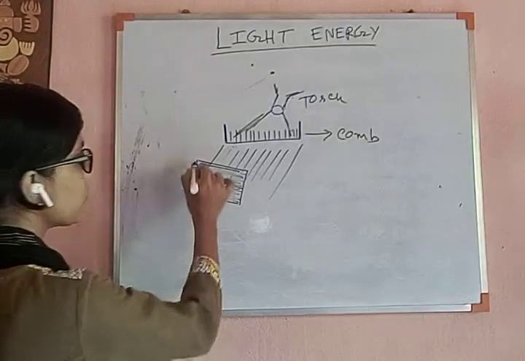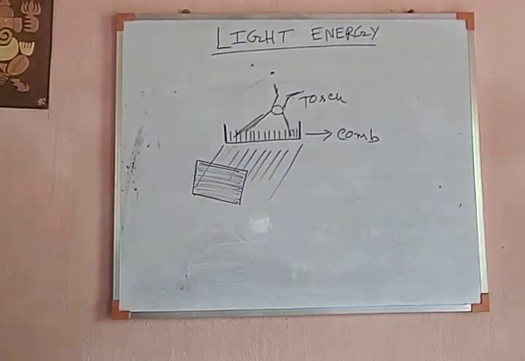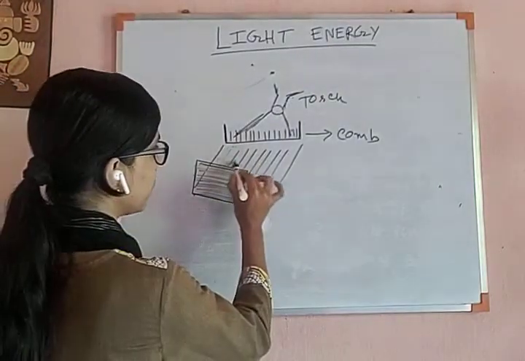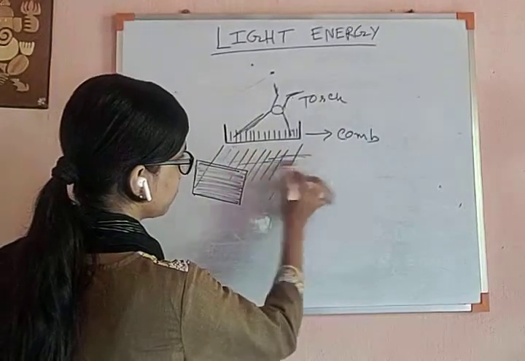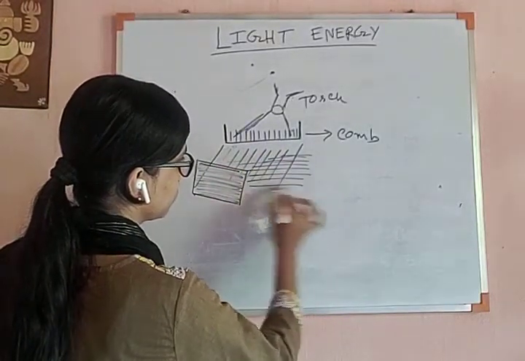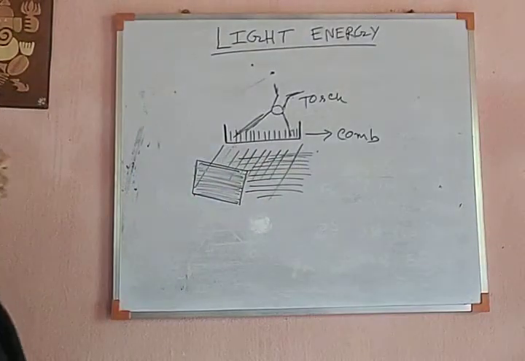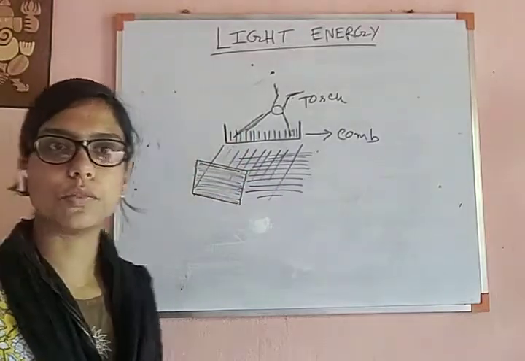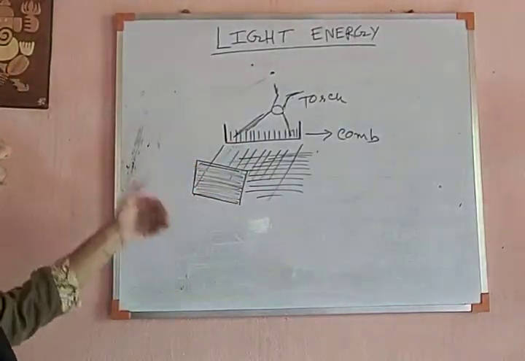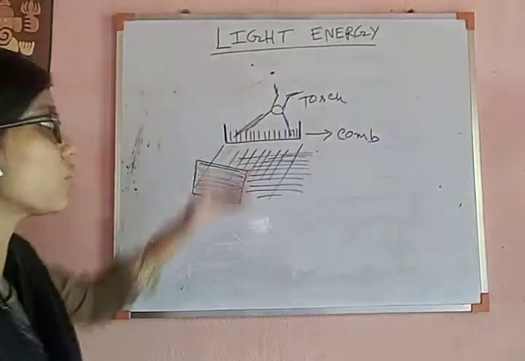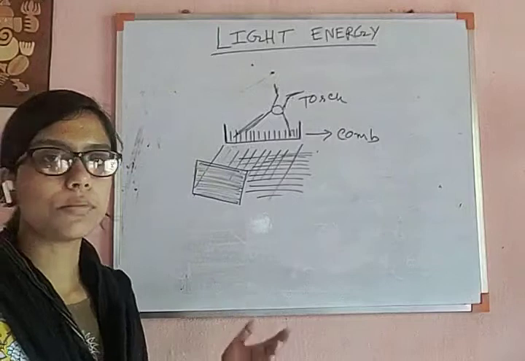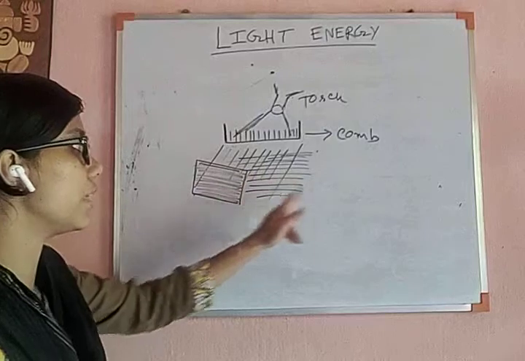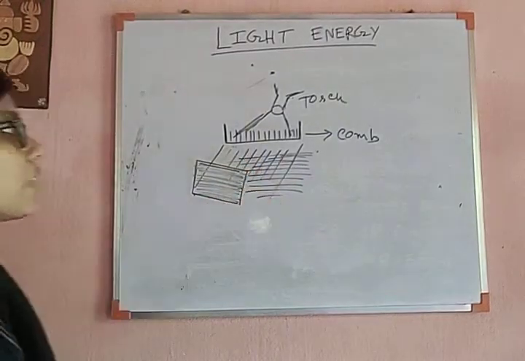When we keep this mirror in this position, along with these shadows, another kind of shadows are produced, like this. In the absence of the mirror, only these shadows are produced. But when the reflecting surface is towards the torch, another kind of shadows appears along with these. Why?